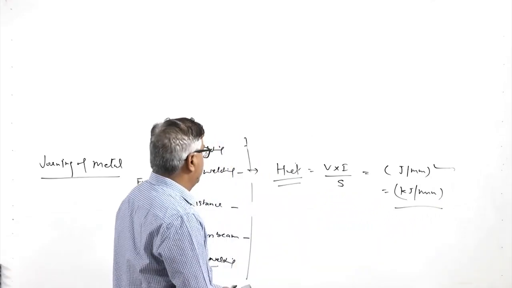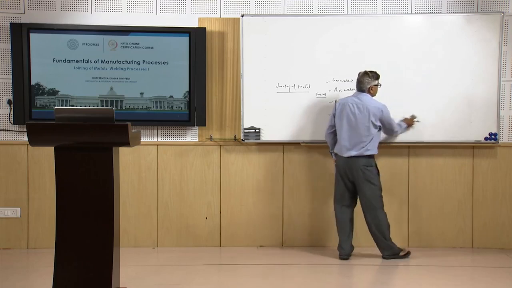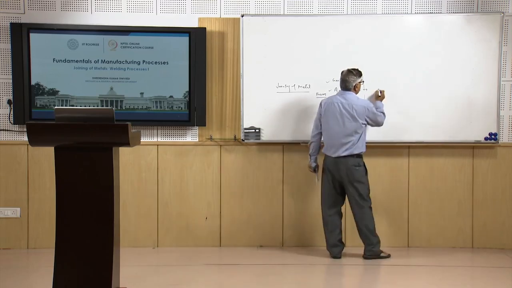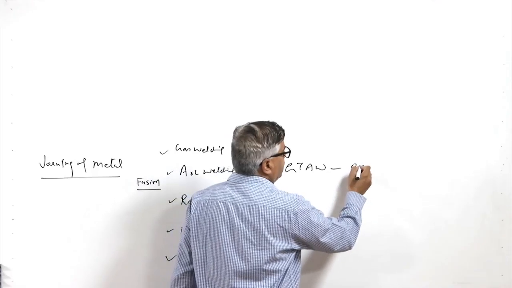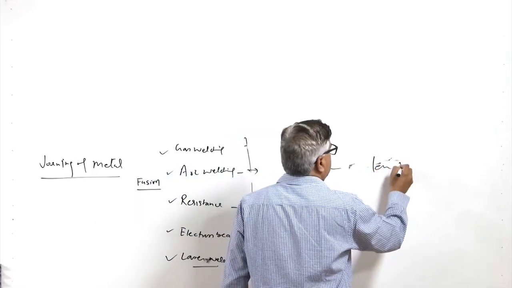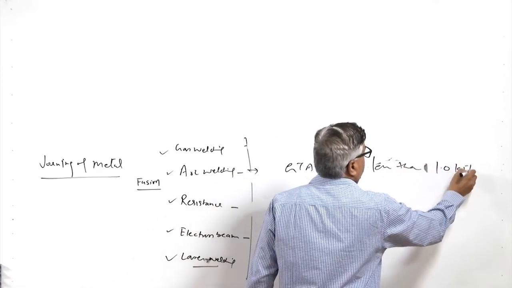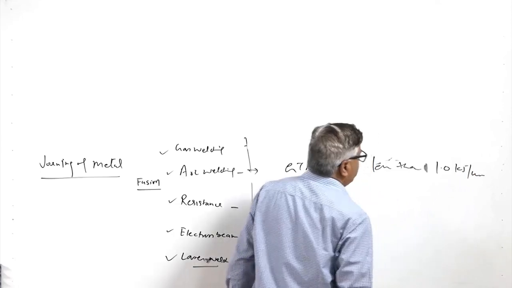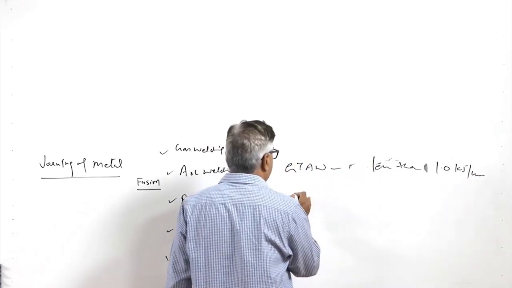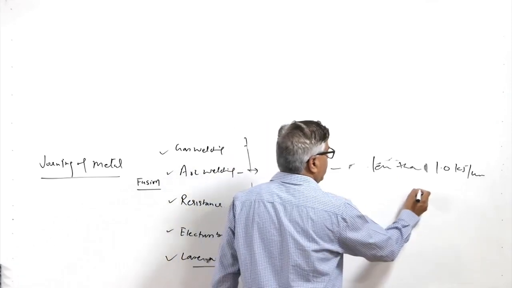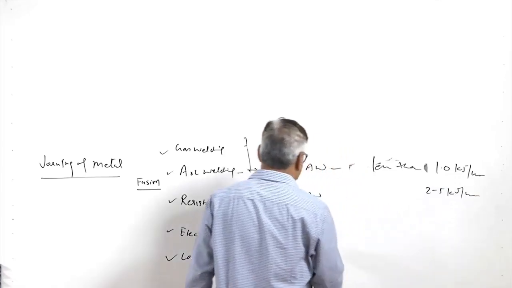and that in turn will be expressed in terms of joule per mm. Depending upon the kind of process, different heat inputs are used. GTAW, gas tungsten arc welding, offers very low heat input, maybe less than 1 kilojoule per mm, while for SAW it may be like 2 to 5 kilojoule per mm.